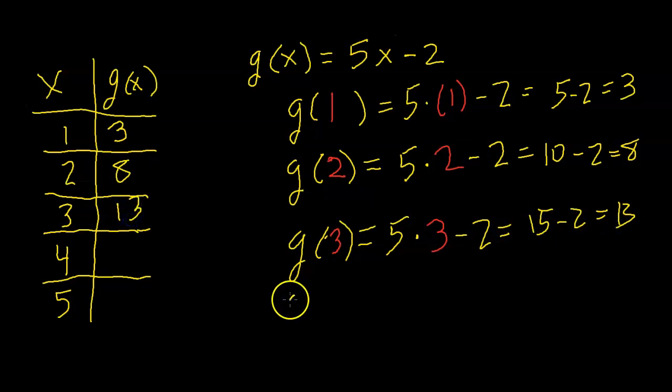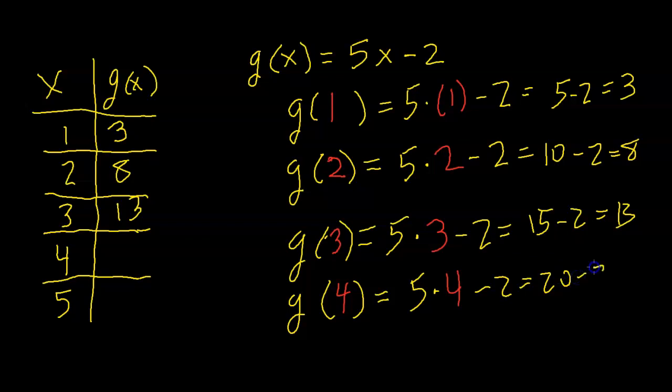All right, let's evaluate g of 4, which is going to be, according to our formula, 5 times 4 minus 2, which is going to be 20 minus 2, which is going to be 18, right? We got 18 here.